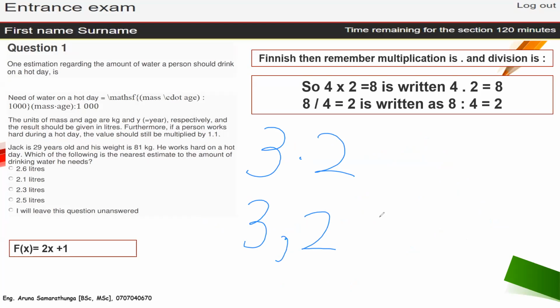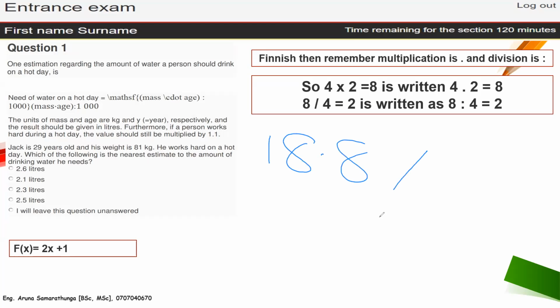They are not using a dot for this kind of thing. Another example: if you have 18.8, in Finland they normally use a comma for this.